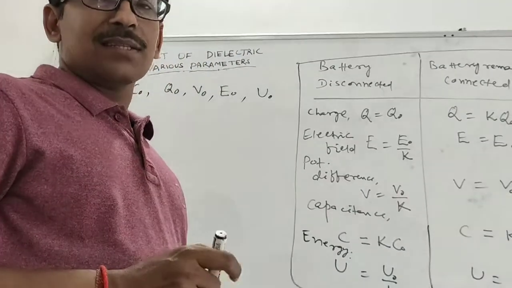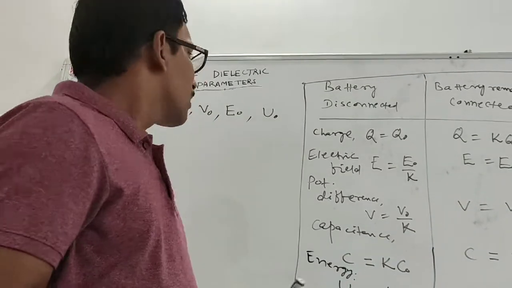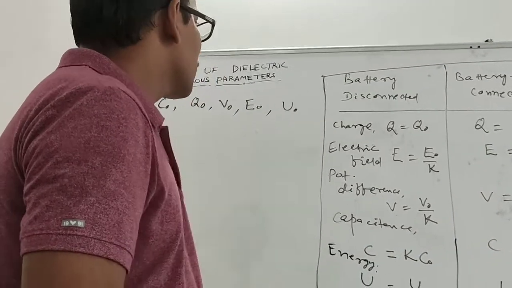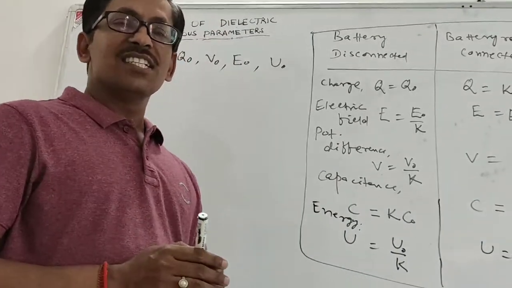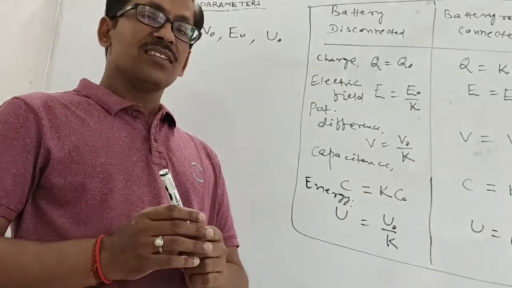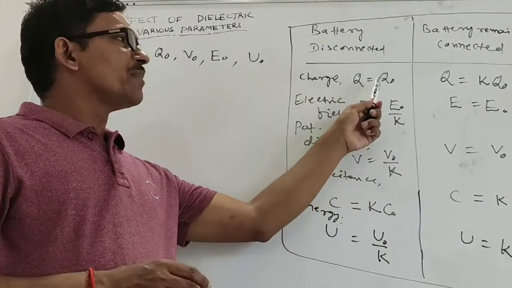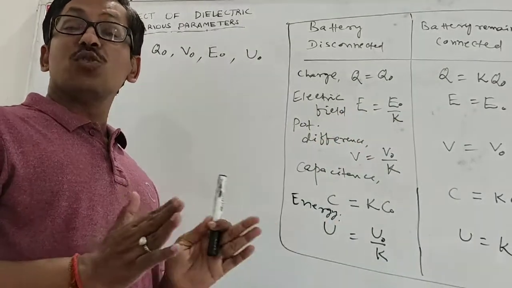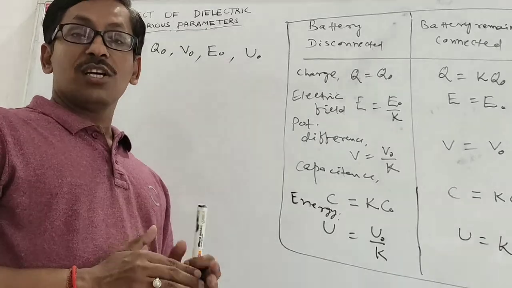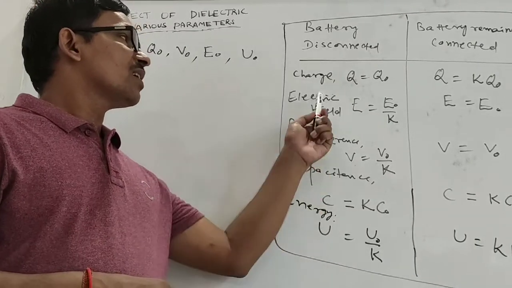Now in case 1, suppose the capacitor is charged to the charge Q0 and the battery is disconnected. If the battery is disconnected, then whatever charge is there will remain the same. So Q is equal to Q0. That means there is no change in the charge because it was charged once and then disconnected.